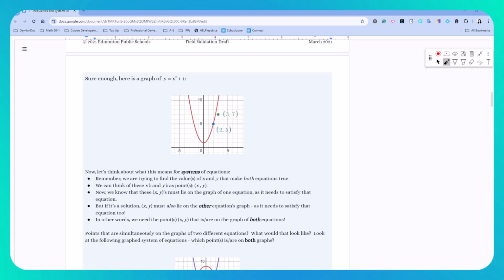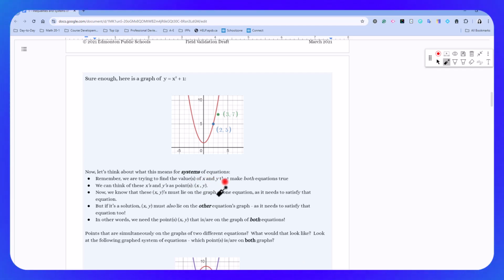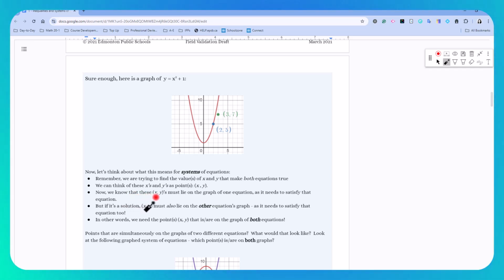Now let's think about what this means for systems of equations. Remember, we're trying to find values of x and y that make both equations true at the same time. We can think of these x's and y's as points, or ordered pairs. Now we know that the x and y's must lie on the graph of one equation, as it needs to satisfy that equation.